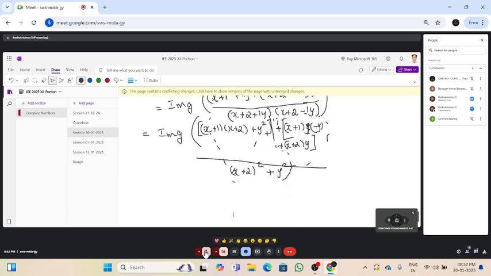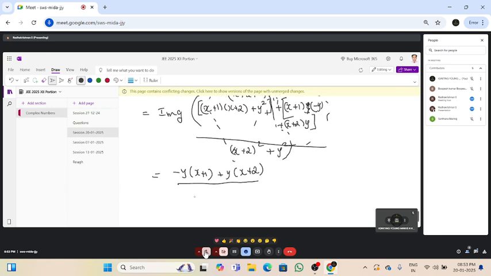Imaginary part of this whole thing will be simply (x plus 1) into minus y, plus y into (x plus 2), whole divided by, so this is simply minus y into, so you can take y into, okay, minus x minus 1 plus x plus 2.